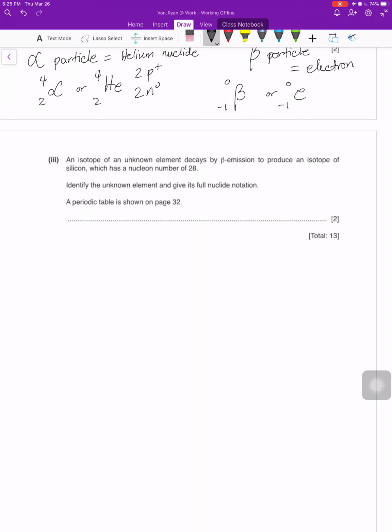But essentially, what you're looking for is the parent nuclide in this case. That is your unknown. And according to this question, it produces an isotope of silicon with a nucleon number of 28.